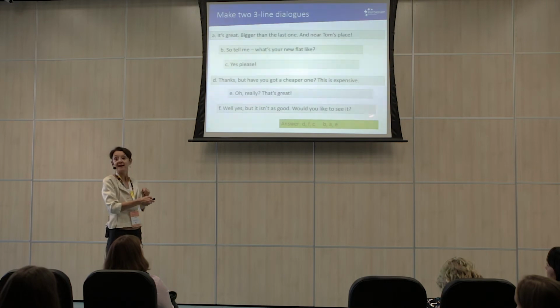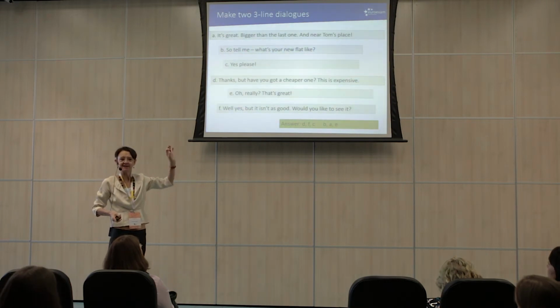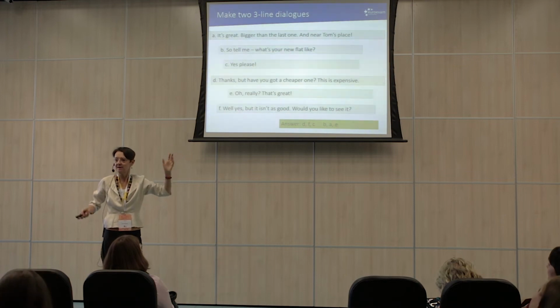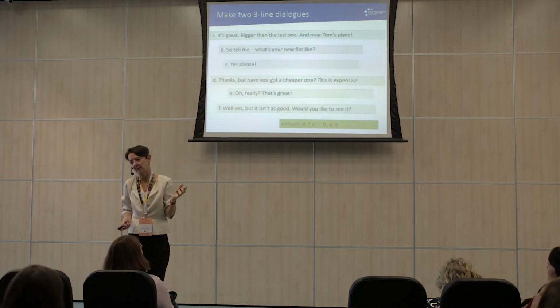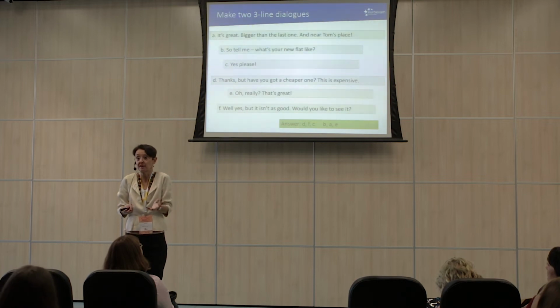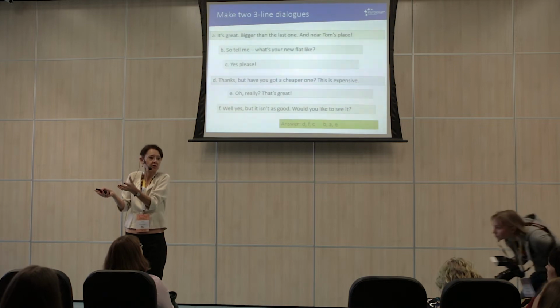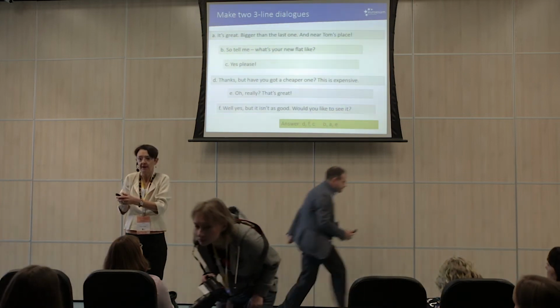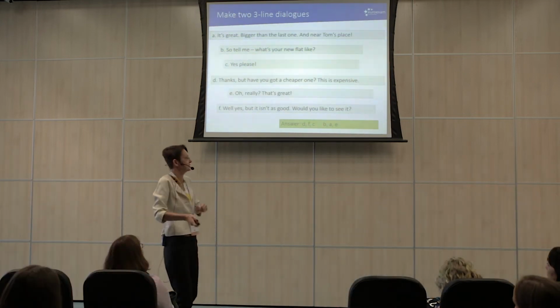Okay, B-A-E, I heard that, great, and D-F-C. Bingo, well done. These kinds of activities are really simple, okay? You can get your students to write them. Give them a picture of 2 people sitting in a restaurant with food. Think of a dialogue, a 3-line dialogue. So even your students can do this and they can test each other.